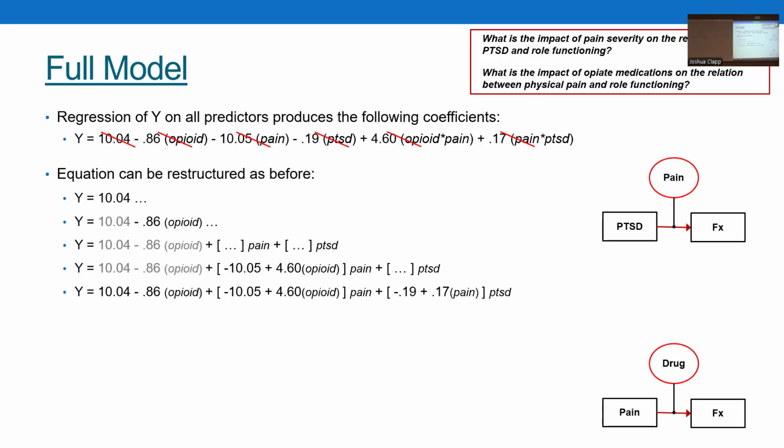And then 0.460 opiate use times pain plus, right? So I've got that, and that backs up what I've got here, right? And I've got minus 0.19 PTSD, right? Plus 0.17 pain times PTSD. Okay.